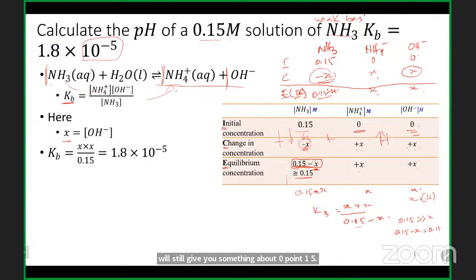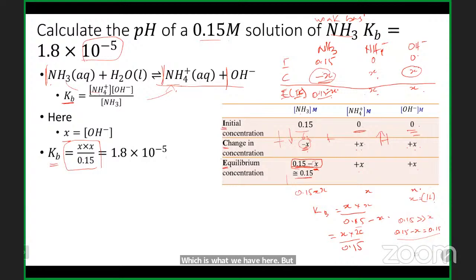That approximation holds, and since it holds, Kb becomes X times X over 0.15, which is what we have here.